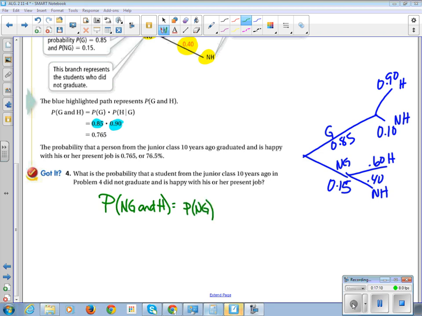So we're going to take the probability that they did not graduate and multiply it by the probability that they're happy given not graduated.